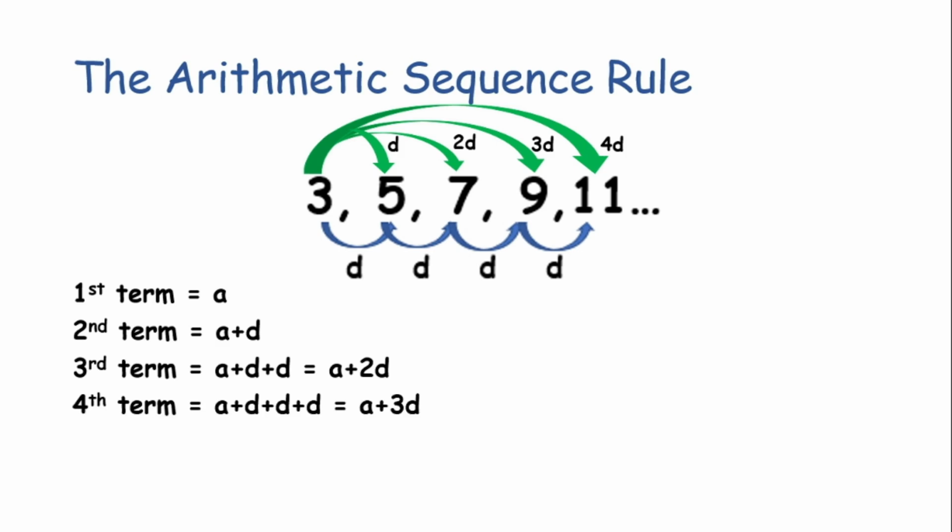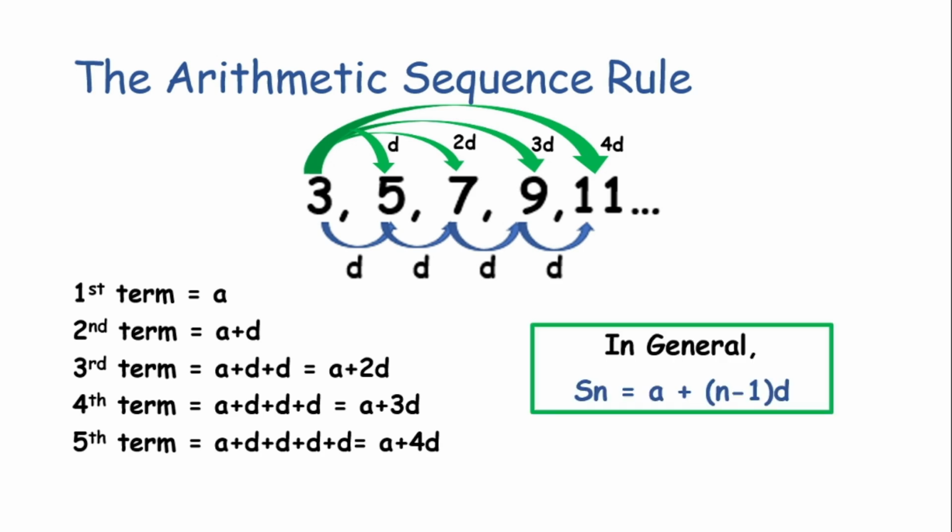Similarly, our fourth term is calculated by adding 3d to a, and our fifth term is calculated by adding 4d to our first term. From here, we can see a pattern arising. So we can write the rule for a general arithmetic sequence to be S subscript n is equal to a plus n minus 1 times d.